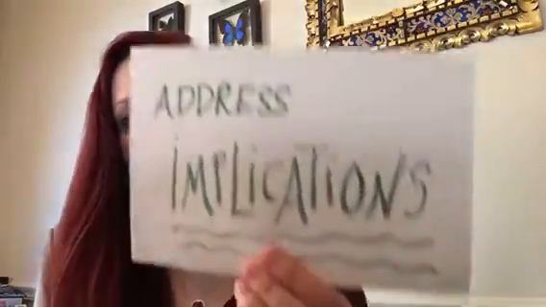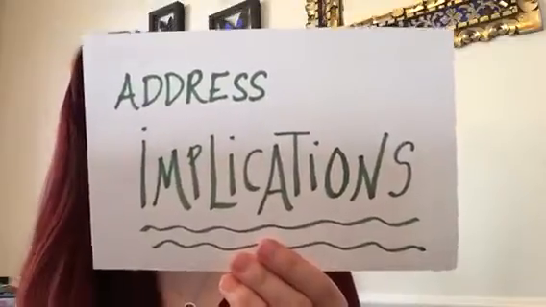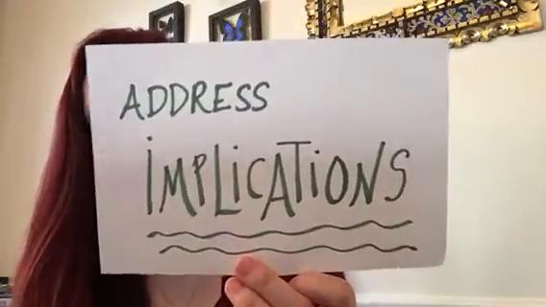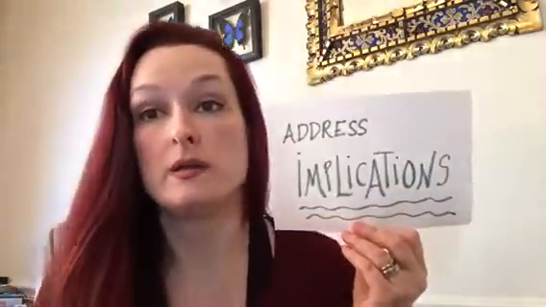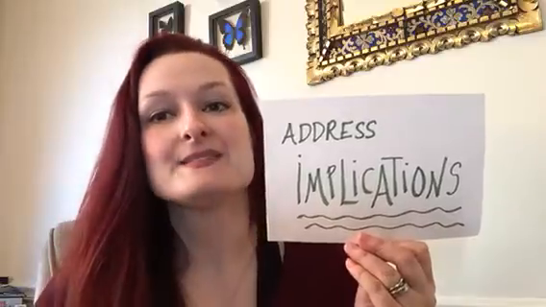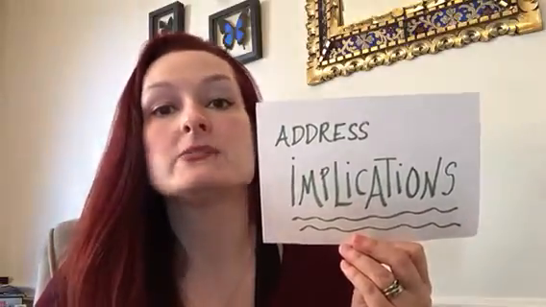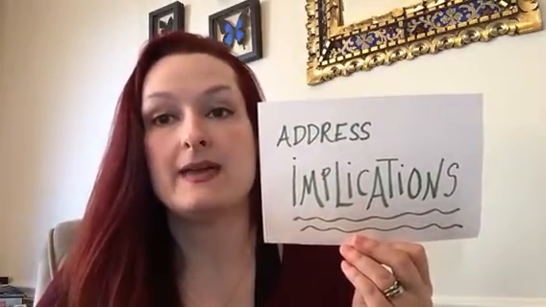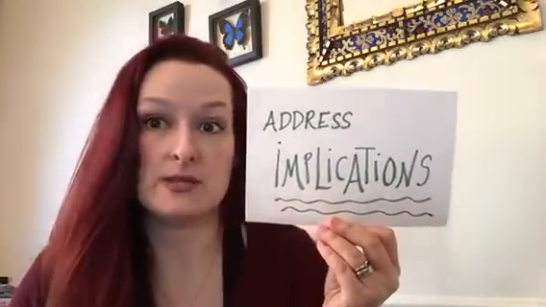Another tip. Take a sentence or two to address the implications of what you discussed in your paper. Implications meaning the so what question. Why is this important? Why should we care? Why should I read this paper? So you want to address that because, again, the abstract is the first impression.